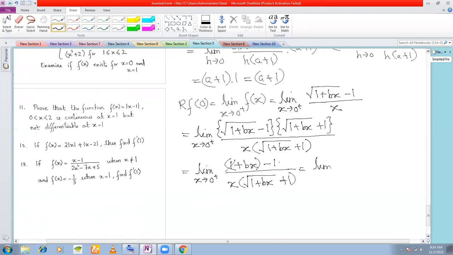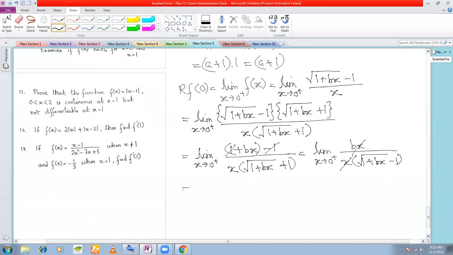Here you see this plus 1 minus 1 cancels. So you get limit x tends to 0 plus bx divided by x into root(1 plus bx) plus 1. Again you see the x cancels here. Okay, so now you can take b out of the limit.